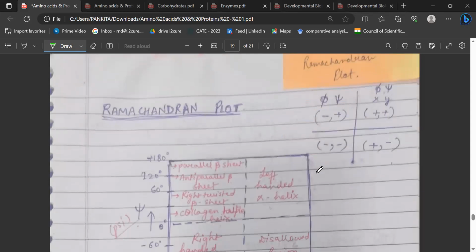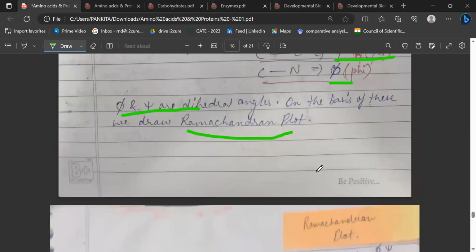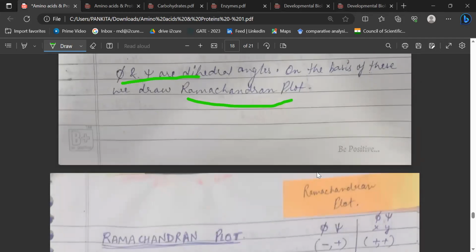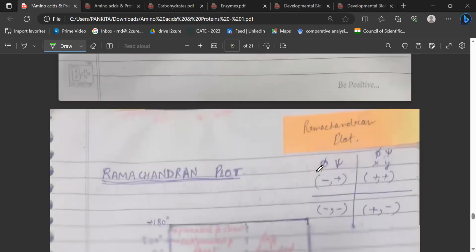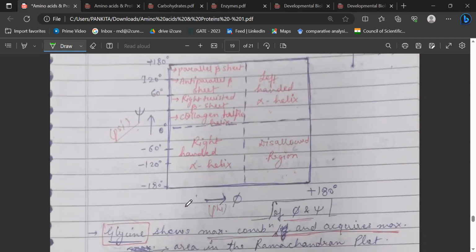What exactly is a Ramachandran plot? Basically, a Ramachandran plot is a plot of allowed and non-allowed structures of amino acids, and it is created from the values of the dihedral angles, that is phi and psi. On the y-axis there are values of psi, while on the x-axis phi values are there along with the angles.